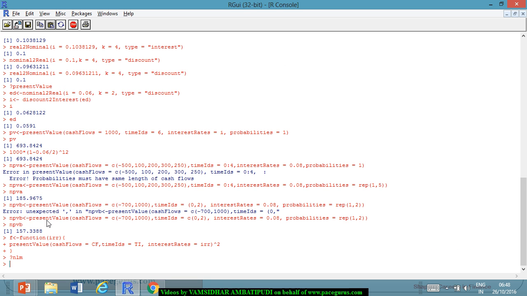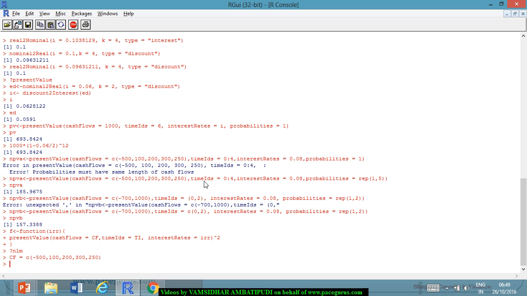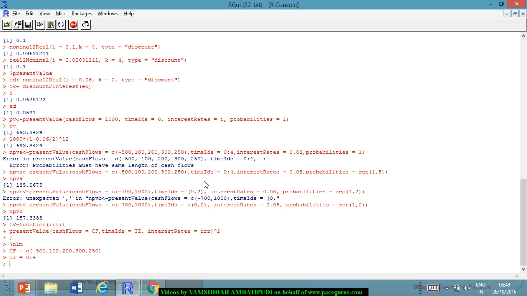With those two inputs, but I have to give the cash flows first of all. So let me take the first numerical, wherein I am giving the CF. For the first numerical, I can take these numbers as my CF, right? Then I can give my TI as 0 colon 4. This is the first example I am talking of.